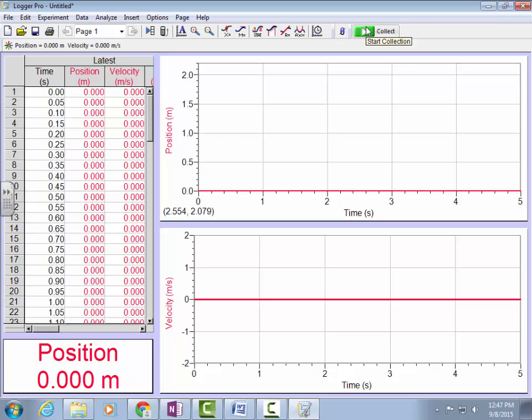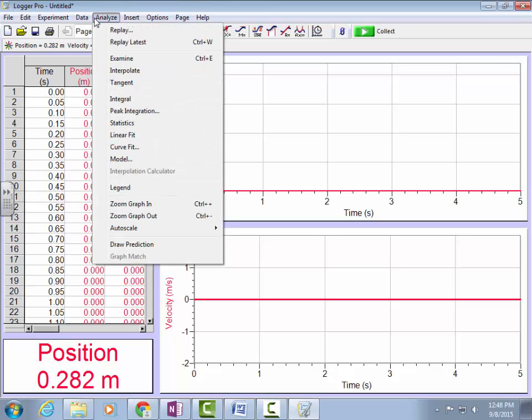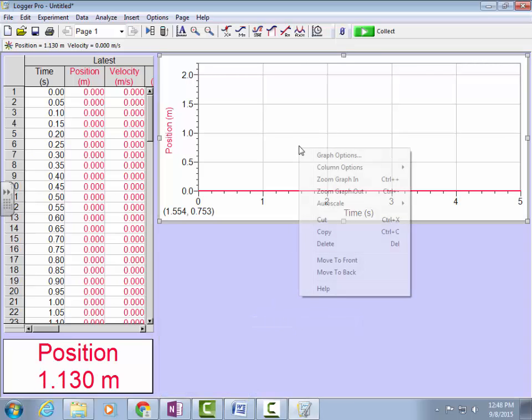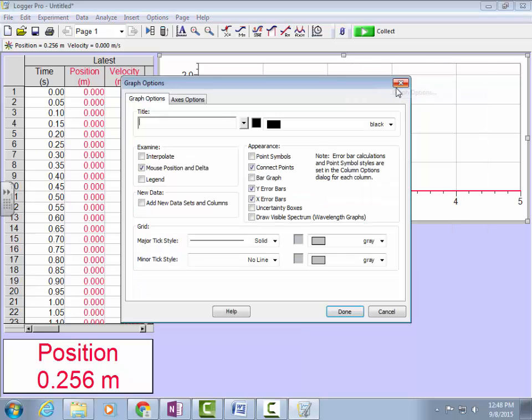All right, so let's see this again. Oh, I know what's wrong with you. There you are. All right. So what I want to do is go to graph options.